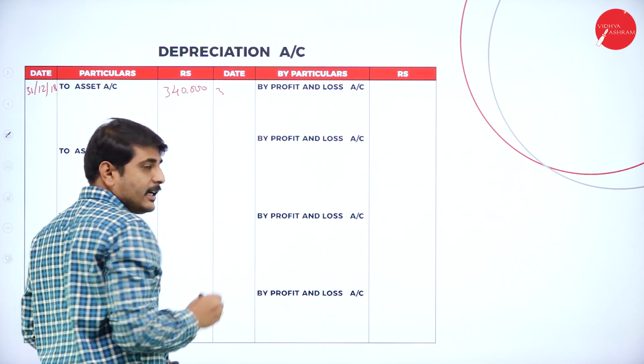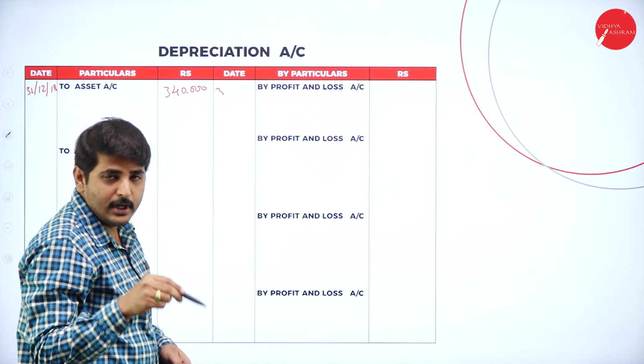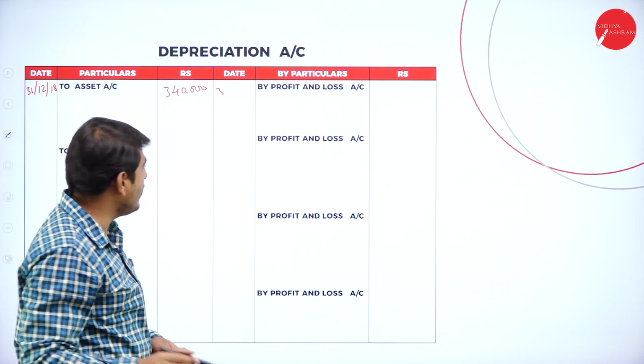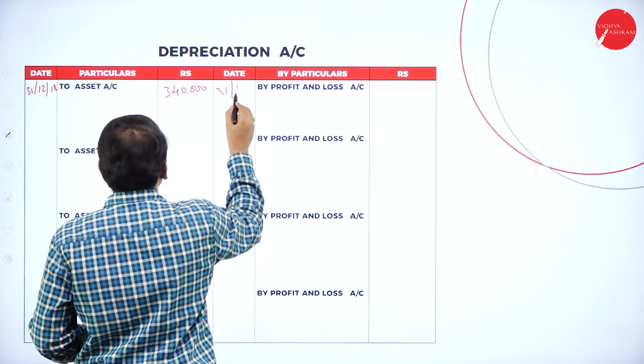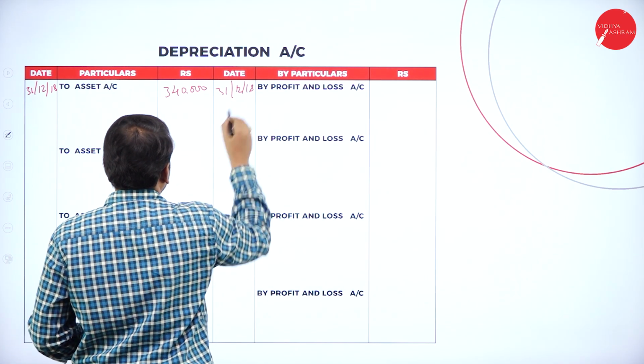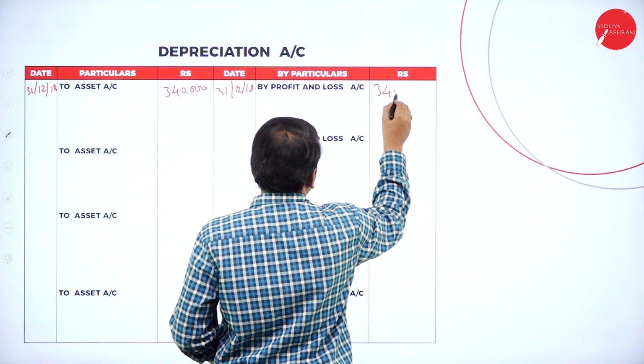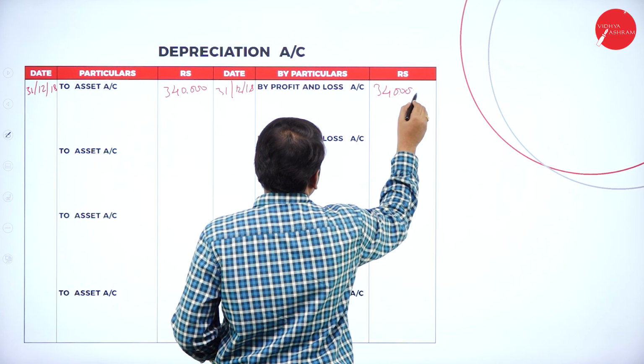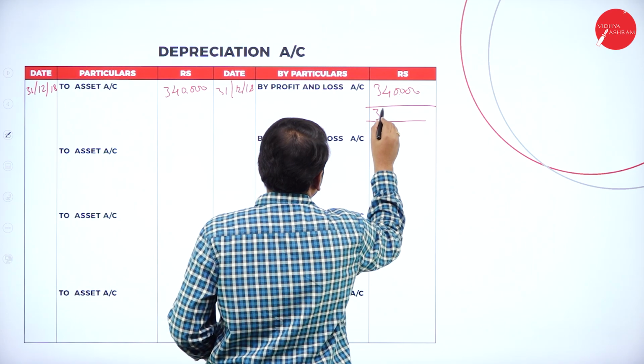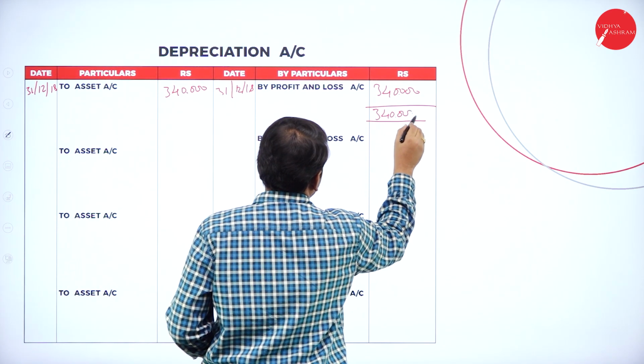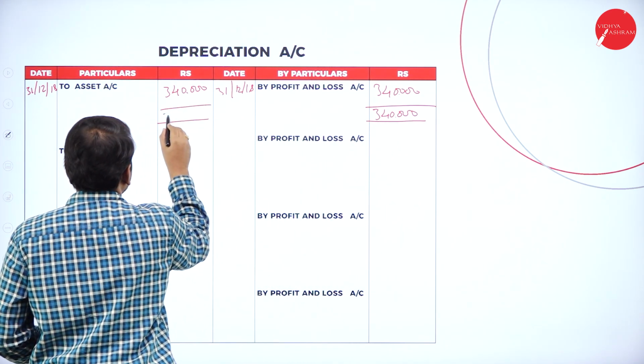What is the journal entry? Profit and loss account to depreciation account. 31st/12/2018, 3,40,000 will be transferred to profit and loss account. The amount will tally. There is no balance to carry forward.